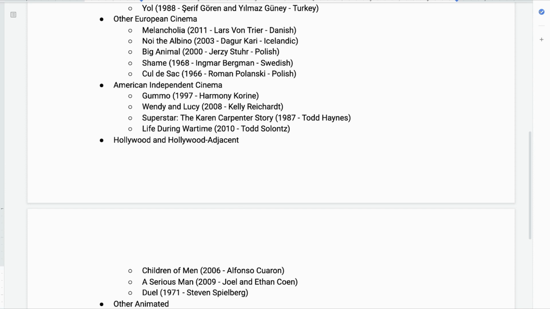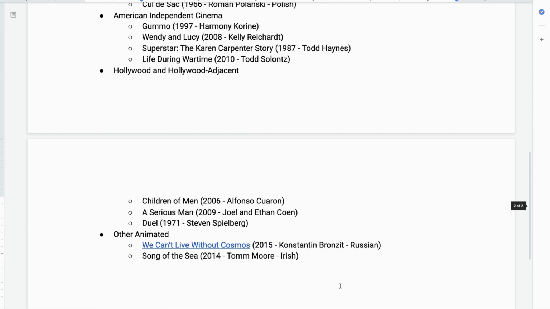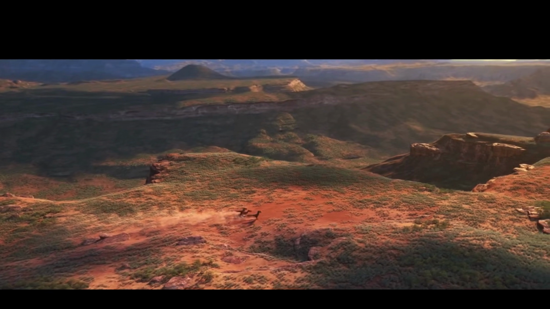Another really great one I want to put down here is under other animated: The Good Dinosaur. It was from, I want to say, 2016, 2015, 2014, something like that. I'll add the details later. Yeah, Janice, The Good Dinosaur is a masterpiece, and it was a box office flop.